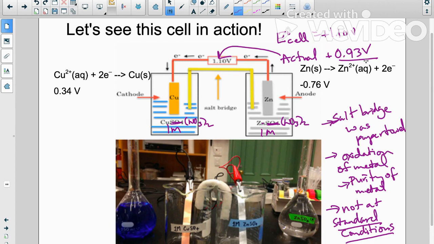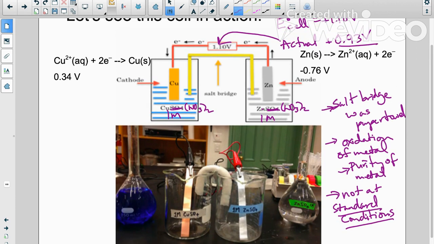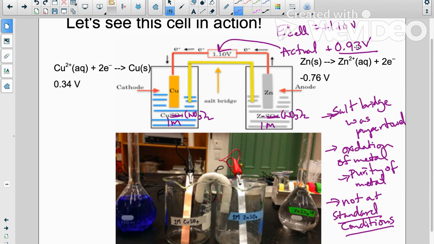So getting 0.93, that's a decent match, even if the temperature was not the correct one, or the atmospheric pressure was not necessarily 1 atm. But you can see that we're not getting something that's completely off the mark, and we are getting some voltage from this cell.